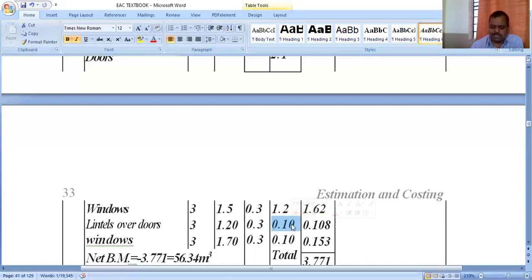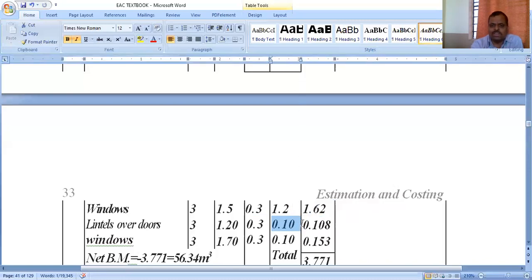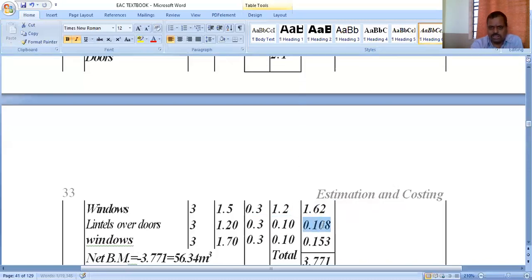Multiply it with the width 0.3 and the thickness 0.1. So how much will it be? 3 into 1.2 into 0.3 into 0.1. It will be 0.108 cubic meter, which is already shown here.